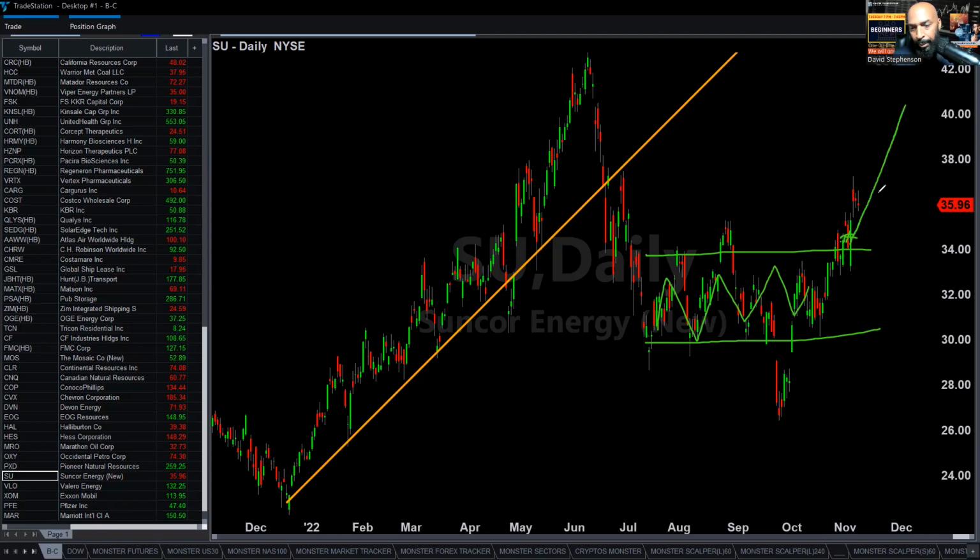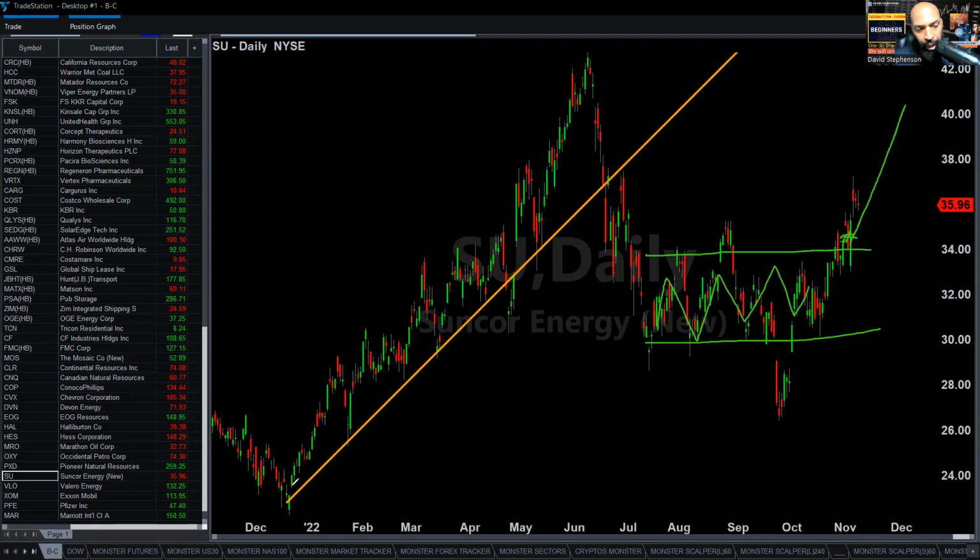This is a good tip. As long as the price respects the trend line and stays within it, it's a really good visual to help stay with the trade.